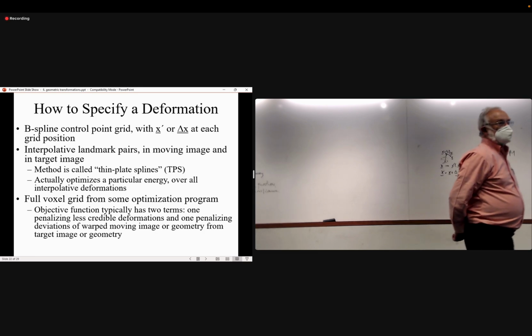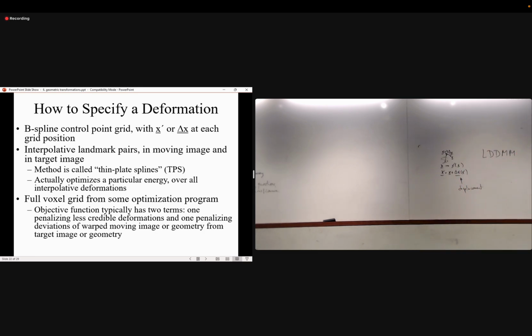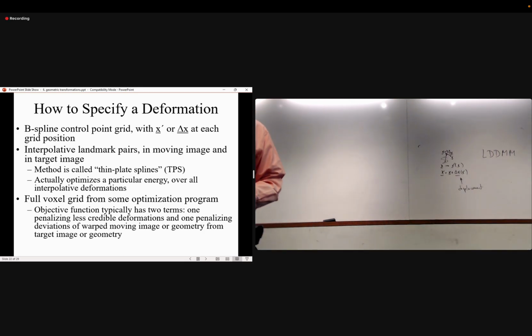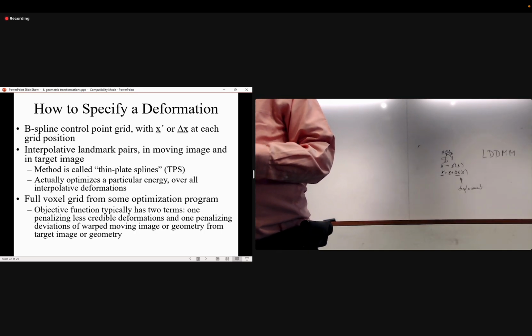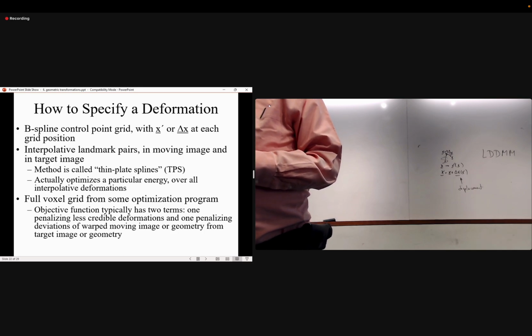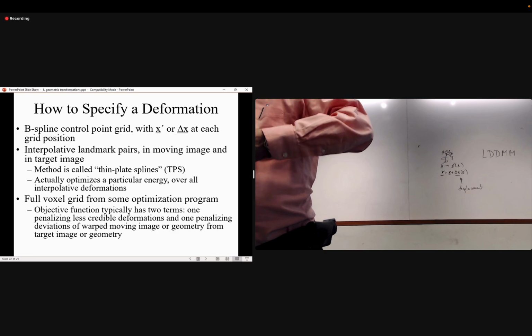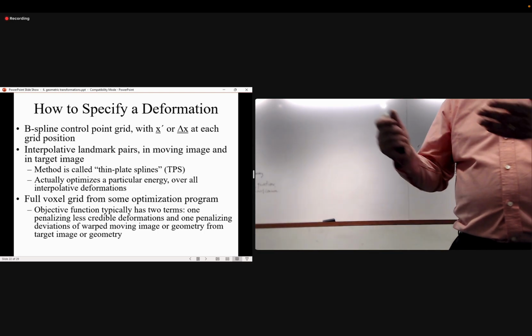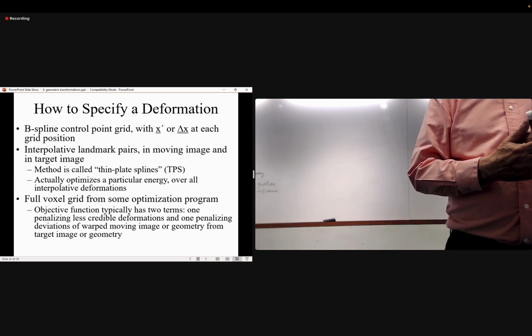The basic idea is that you have an infinite number of smooth transformations between the xi's and the corresponding xi primes. And for any given one of those deformations, you can come up with an energy, according to some physical notion of energy, that particular so-called bending energy that particular transform entails, right?